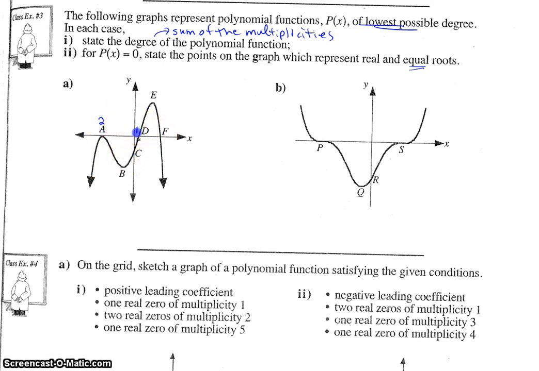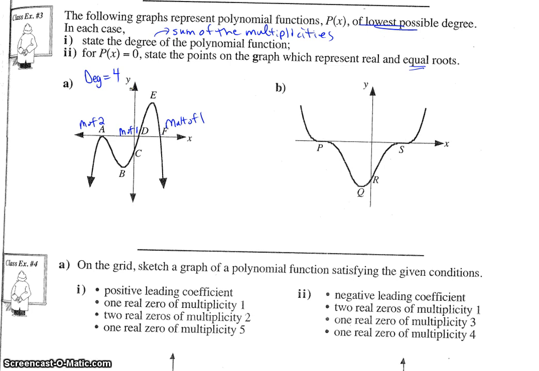Passes straight through, that would be a multiplicity of 1. I'll just go m of 2, m of 1, meaning multiplicity. And this again would be a multiplicity of 1 because it passes straight through. So adding those up, 2 plus 1 plus 1, we should have a lowest degree of 4.